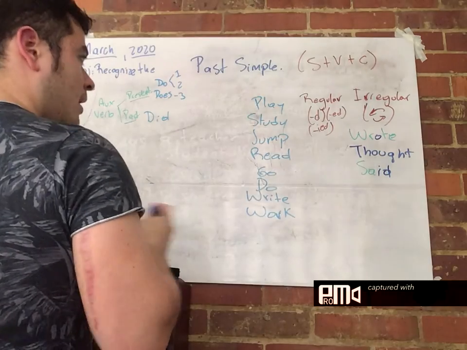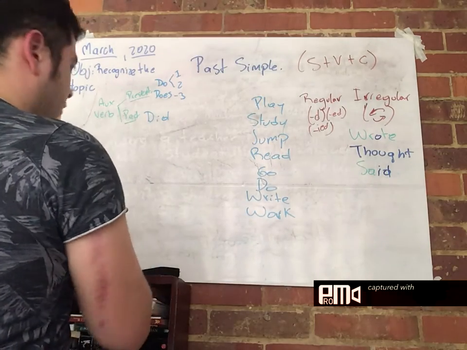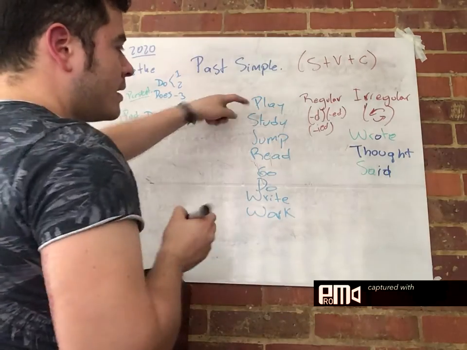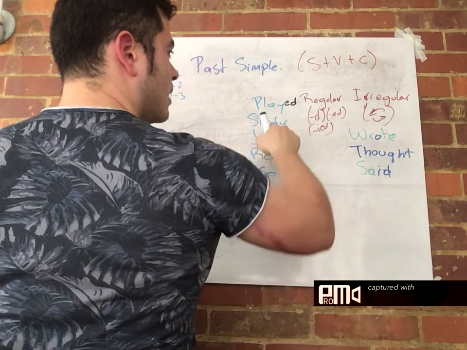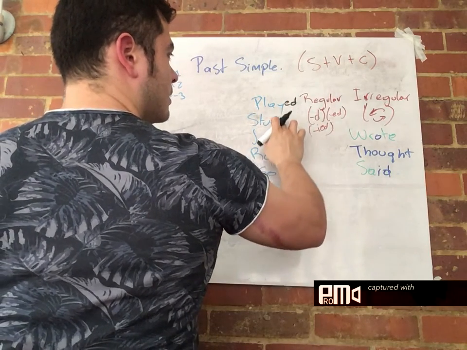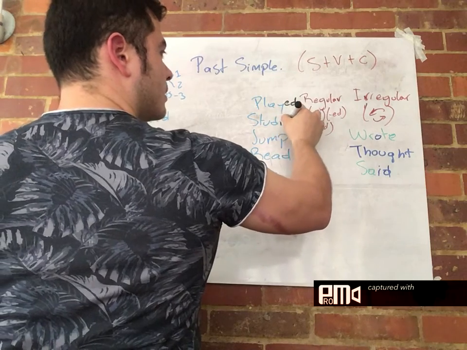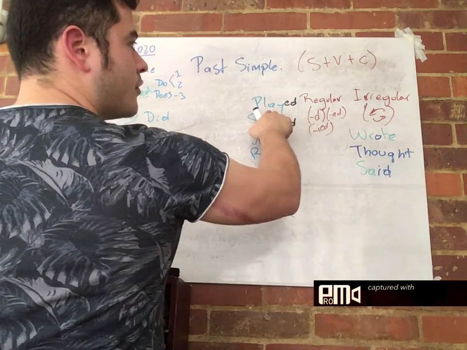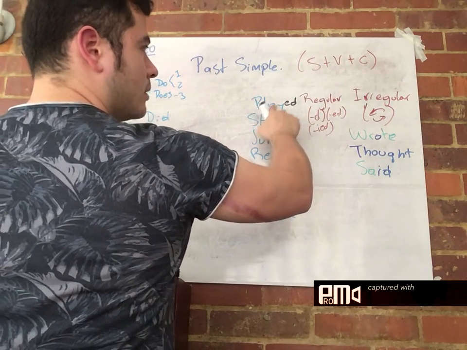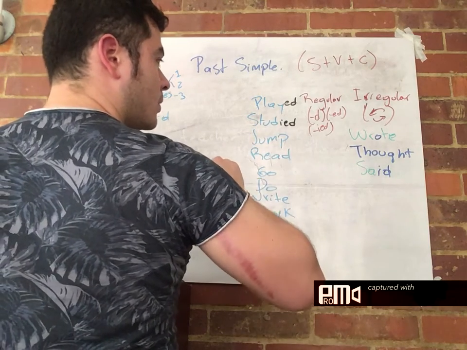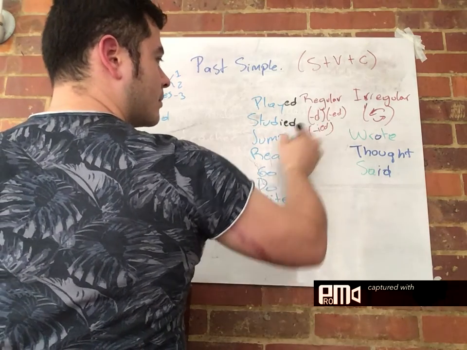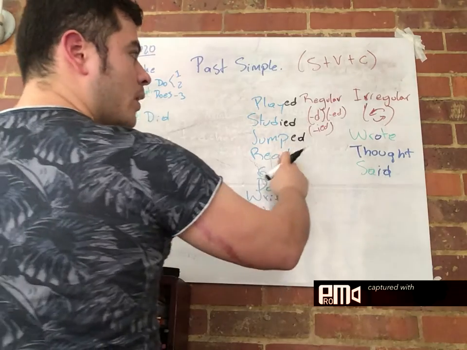Teacher, and the other ones? Yes, perfect. So play is played. Study, studied. The same case: if before the Y is a vowel, ed; consonant, ied. Jumped. Read is an irregular verb.